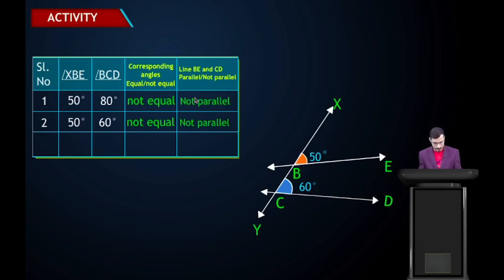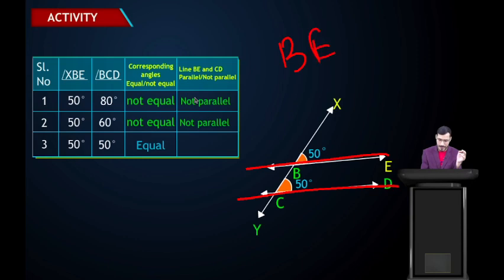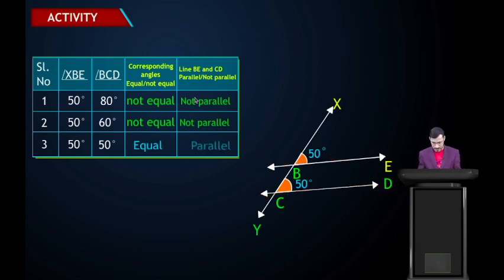Now in the third case, when angle BCD is 50 degrees, you can see both angles are equal. That means corresponding angles are equal, and whenever corresponding angles are equal, lines BE and CD are parallel lines here.